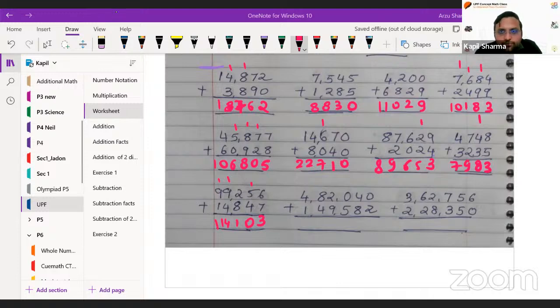Sujal, which one are you solving? Okay. Okay, last one. Fine. This is 2, then 12, 6. Sujan, check your answer.